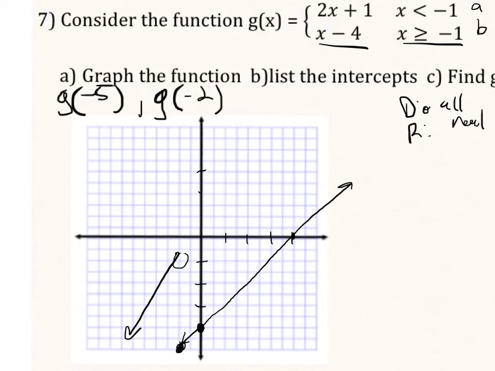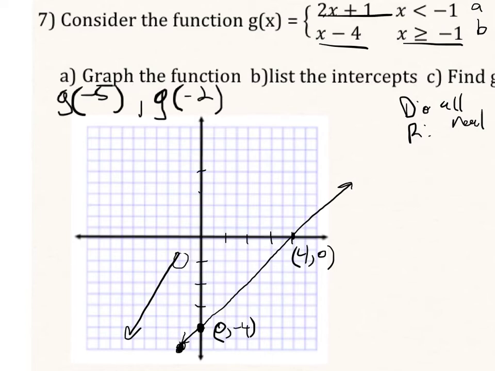Our intercepts, we've got a y-intercept at 0, negative 4, and an x-intercept at 4, 0. And they're based off of x minus 4. And then g of negative 5, well, at negative 5, I would plug that into our first function.